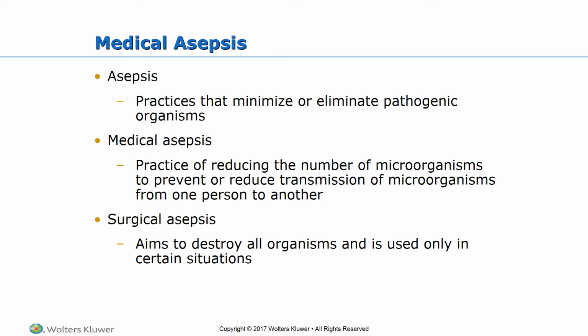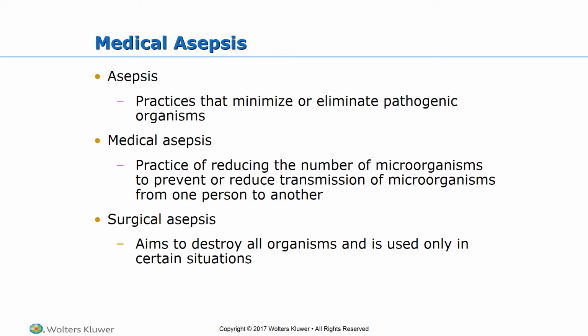First off, terms here. Asepsis: minimize or eliminate pathogenic organisms. That's simply the term. Medical asepsis: reduce the number of microorganisms to prevent or reduce transmission of microorganisms from one person to another. This is what we're using in general bedside care, general nursing care.